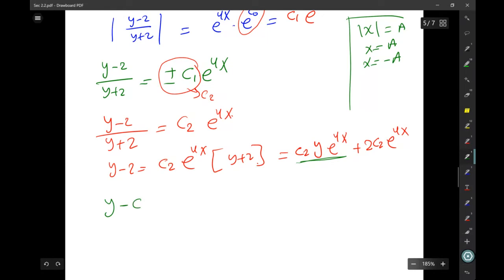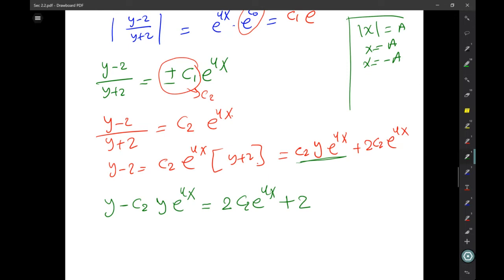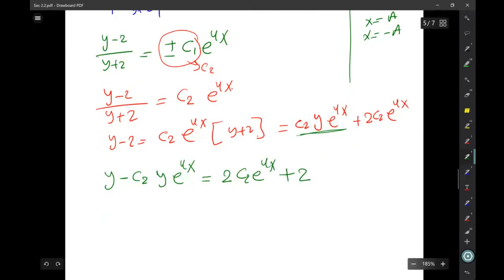It becomes y minus c2 times y e to the power 4x is equal to c2 e to the power 4x plus 2, because I took minus 2 from the left side to the other side. Now take y as a common factor: y of 1 minus c2 e to the power 4x is equal to c2 e to the power 4x plus 2.